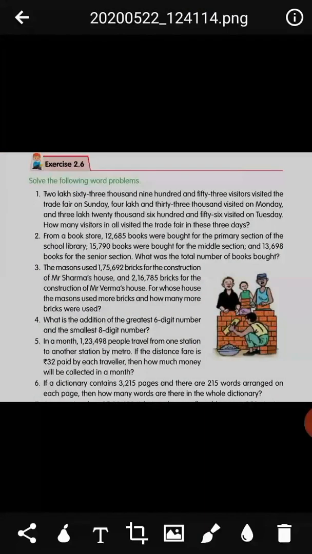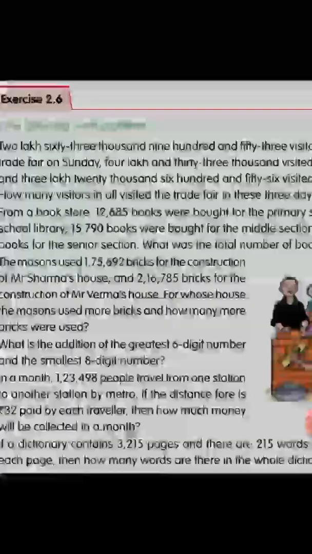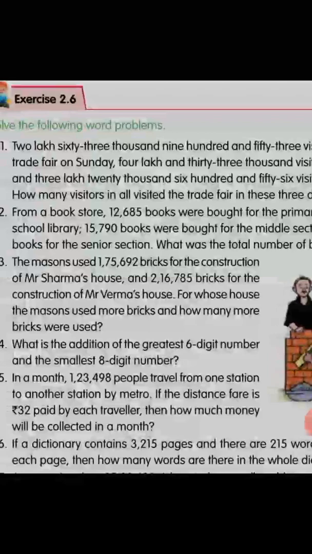Now the next question is question number 3 in your book, exercise 2.6. The question is, the mason used 1,75,692 bricks for the construction of Mr. Sharma's house and 2,16,785 bricks for the construction of Mr. Verma's house.